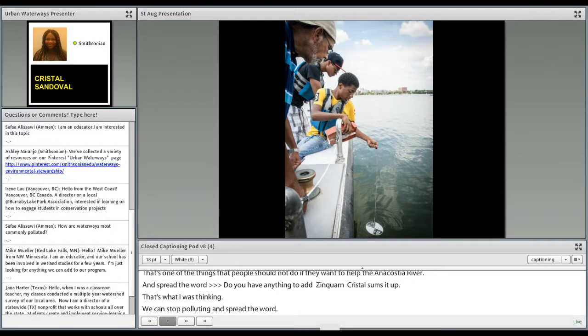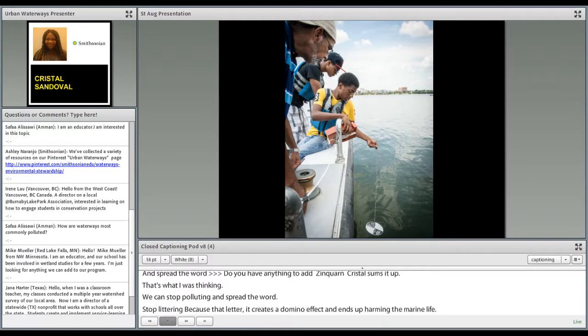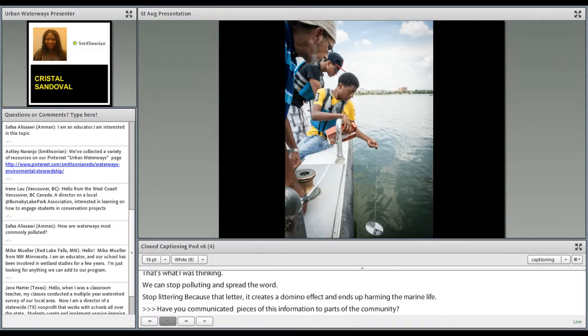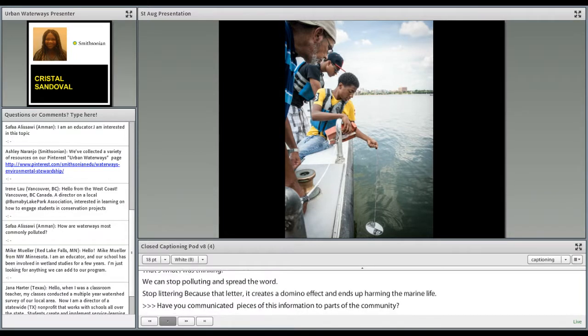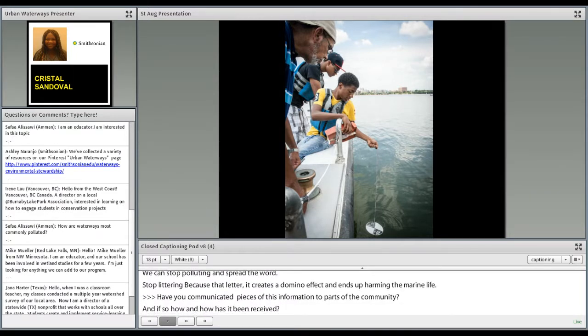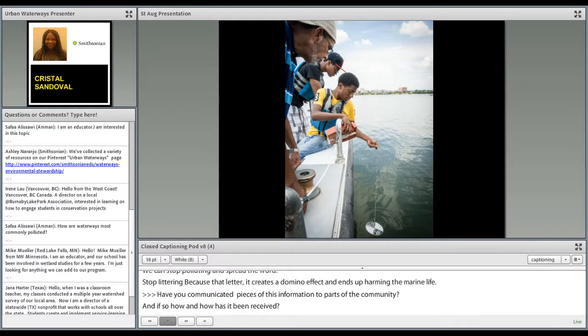Interesting. And have you communicated pieces of this information to parts of the community? And if so, how? How has it been received? We have created a short way to educate the community.